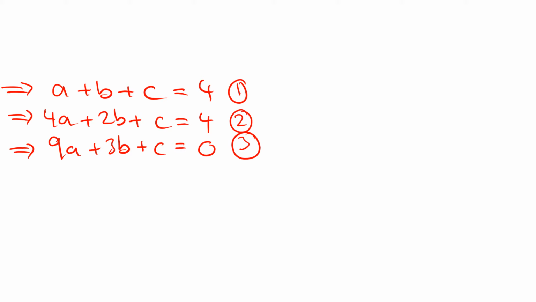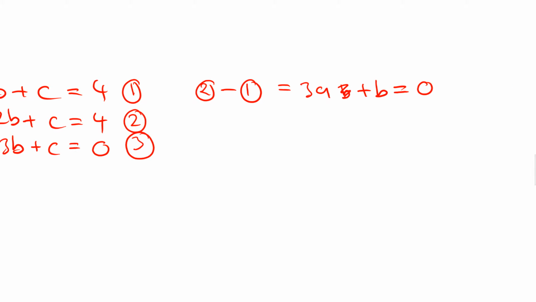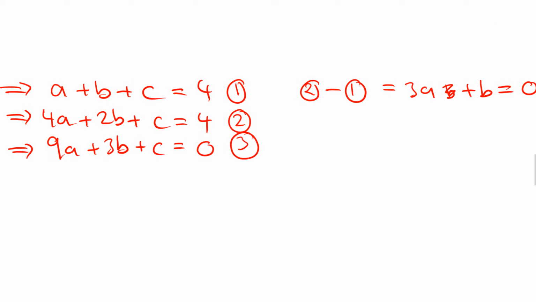So I'm going to do equation 2 take away equation 1, which will get rid of C. 4A take away A is 3A, plus B, equals 4 take away 4, which is 0. So we've got an equation 3, which gets us a little bit closer to what we want.